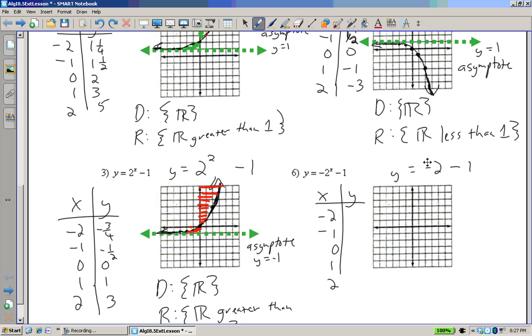Let's start off with negative 2 to the negative second, the opposite of 2 to the negative second power minus 1. This is really the opposite of 1 over 2 squared minus 1. Y equals the opposite of 1/4 minus 1. And so really this is negative 1 and 1/4.